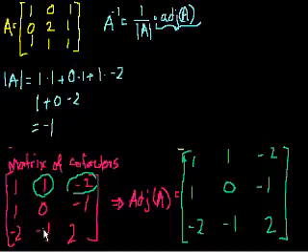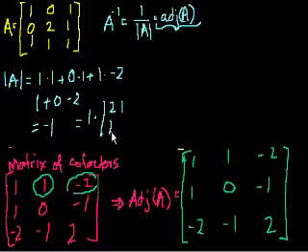And if you didn't have this matrix of cofactors, the other way you could think about it, and this is good because it gives you an intuition of how we even got to the matrix of cofactors, you could view this as the same thing as 1 times the determinant of its minor. So if you cross out the row and the column, it's this determinant: 2, 1, 1, 1. And then remember, there was that pattern.